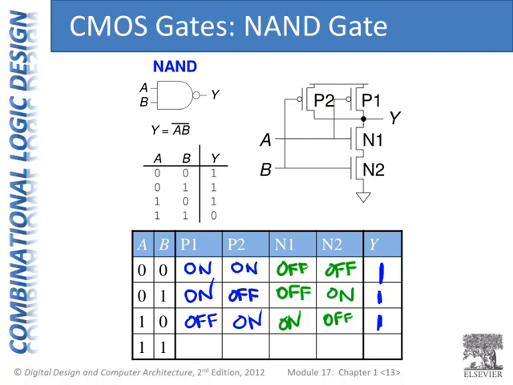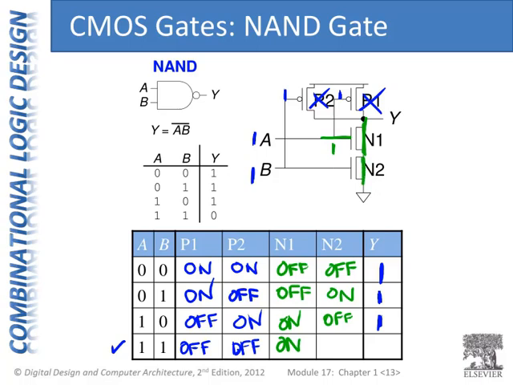And now we can look at the last input combination, 1, 1, and see what happens. If A and B are both 1, we get a 1 on P1's gate and a 1 on P2's gate. So both of those transistors are off because they're P-type transistors. No connection between the D and S terminals on those. And N1 is on because it's an N-type and it has a 1 on its gate.